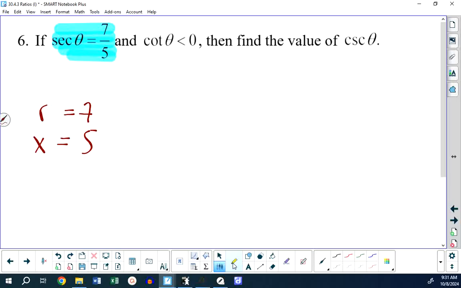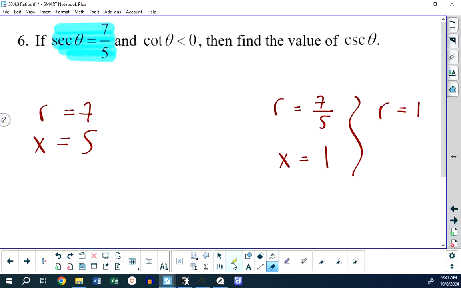Could I have said r is 7/5 and x is 1? Sure. Because this r over this x will give me 7/5. Could I have said r is 1? This is tricky. R is 1 and x is 5/7.